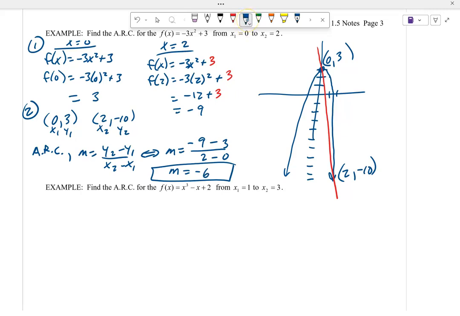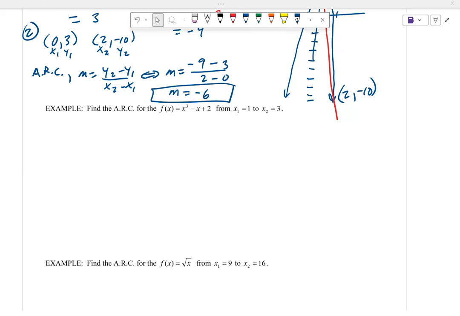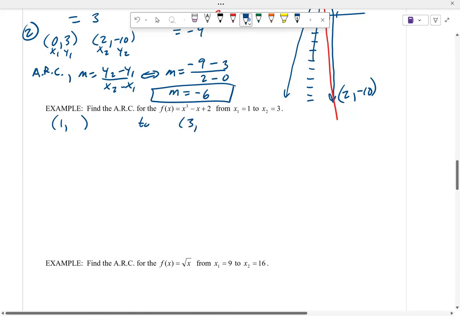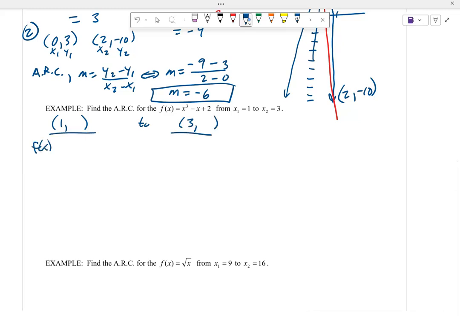Now here we've got a cubic, x cubed minus x plus 2, and we're going from x equals 1 to x equals 3. So I have to get the points for each of these. Here's our function, x cubed minus x plus 2. So f of 1 would be 1 cubed minus 1 plus 2.